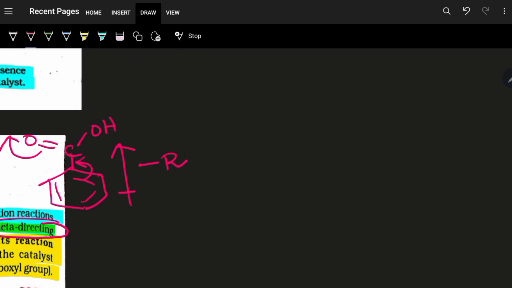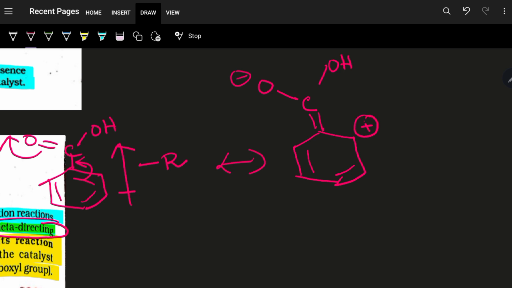In the resonating structure you can see a double bond here, with CO minus and OH, generating a positive charge at the ortho position. In the next resonating form, the positive charge comes to the para position, and in the next it comes to the ortho.